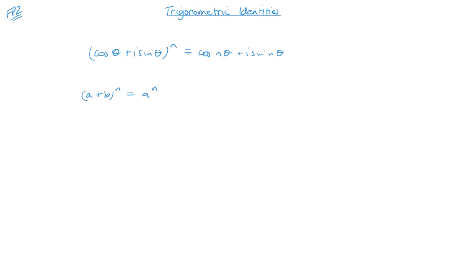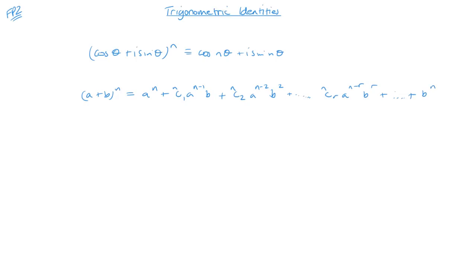So this would have been a^n + nC1 a^(n-1) b + nC2 a^(n-2) b^2, and so on, all the way up to nCr a^(n-r) b^r, and then up to just b^n.